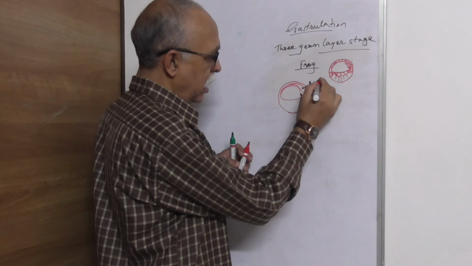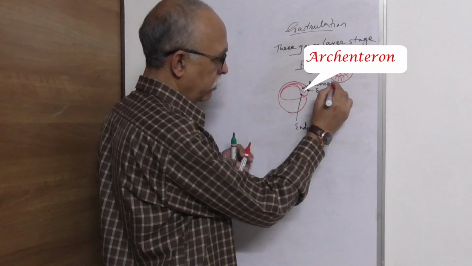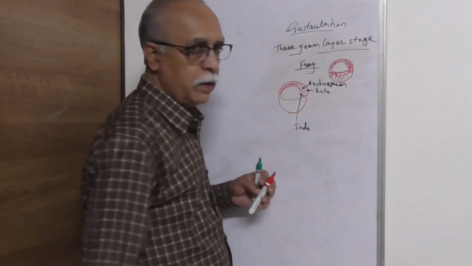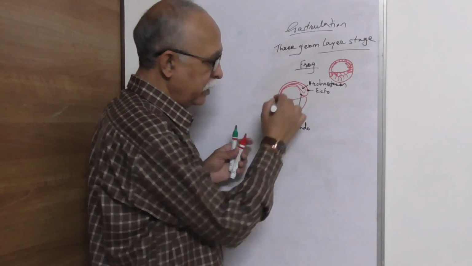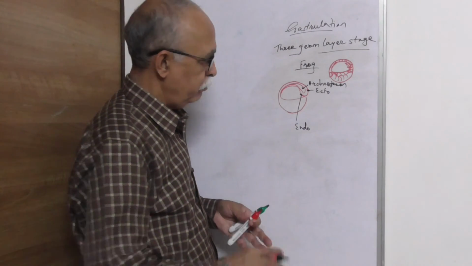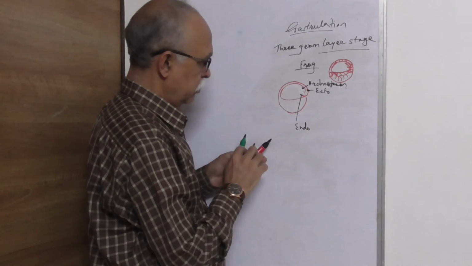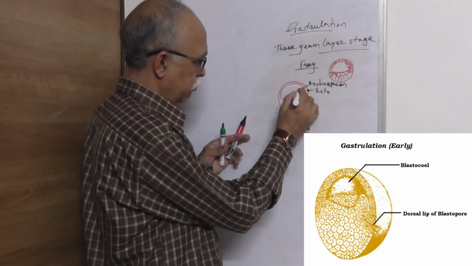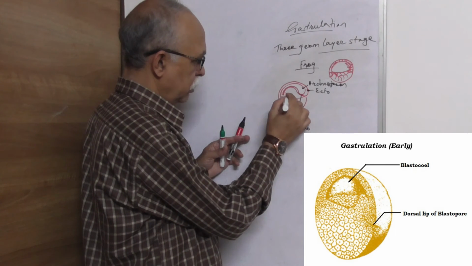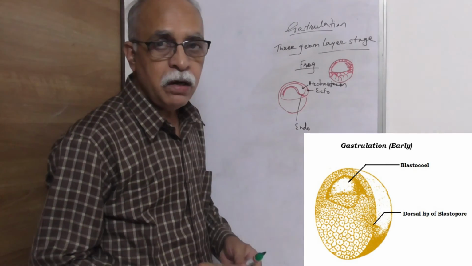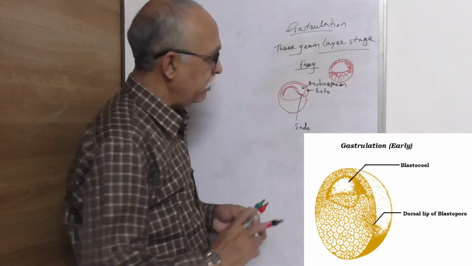This is the archenteron. Gradually this would grow and it will always replace the blastocyst. This would grow here. And it would almost replace the blastocyst. This is the kind of development which will happen in frog.